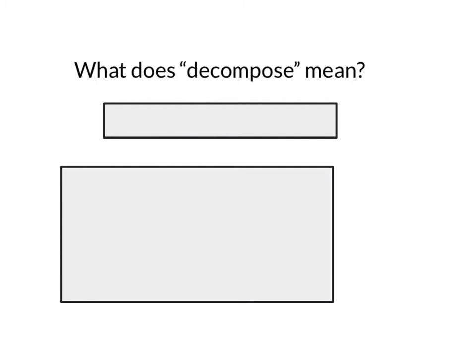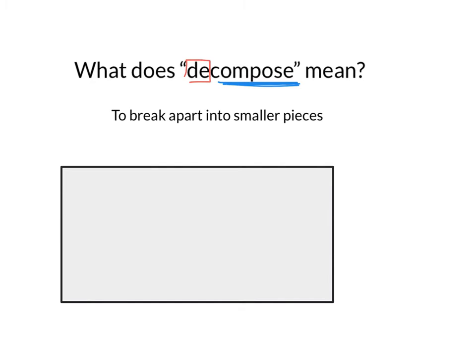Another thing we need to talk about. In our learning goal today, it says we can use unit fractions or tape diagrams to decompose fractions. What does it mean to decompose something? To decompose means to break something apart into smaller pieces. So if I have 5, I could break it into 1 + 1 + 1 + 1 + 1. Do you guys agree? That's decomposing.